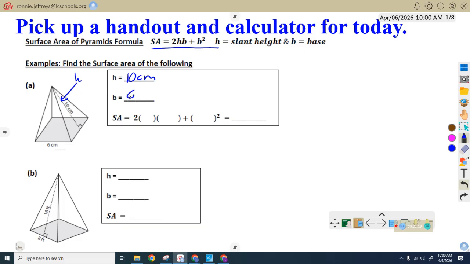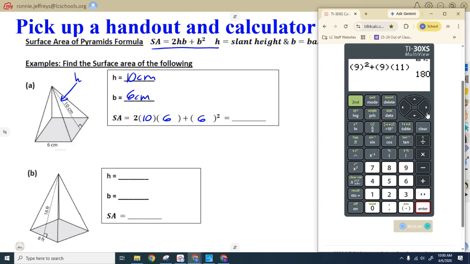Our B right here is 6 centimeters. 10, 6, and 6. So you can actually plug this into the calculator as is. That's why the notes are set up this way.